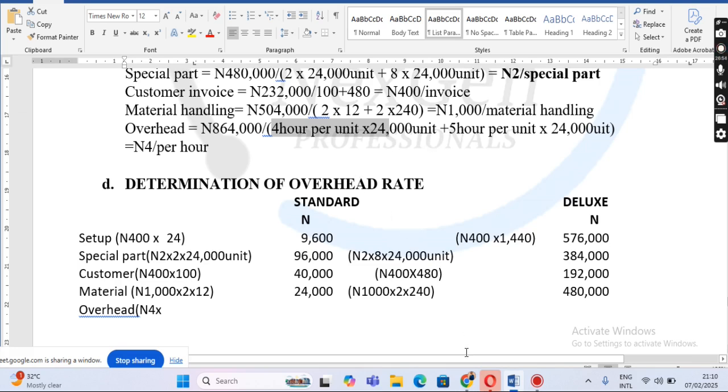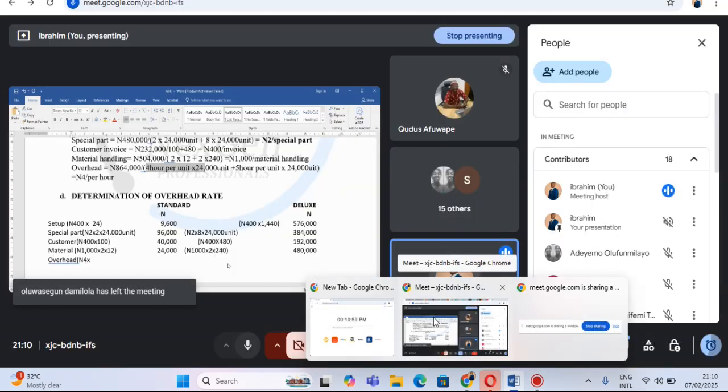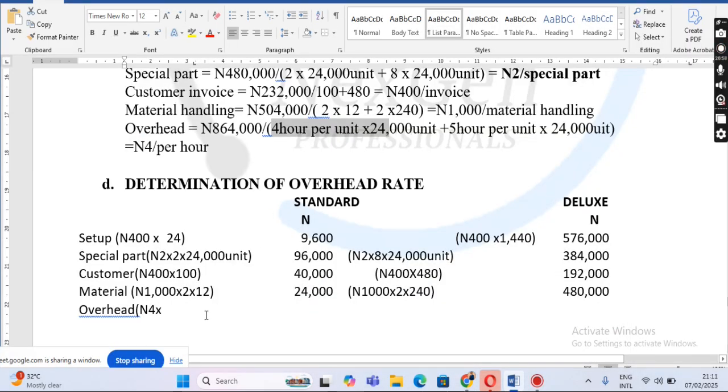It will be 4 times 24,000 units, so that it will give you the numbers of hours. Then you multiply. Class, what do you have? Please give me figure, please. What do you have? 384,000.